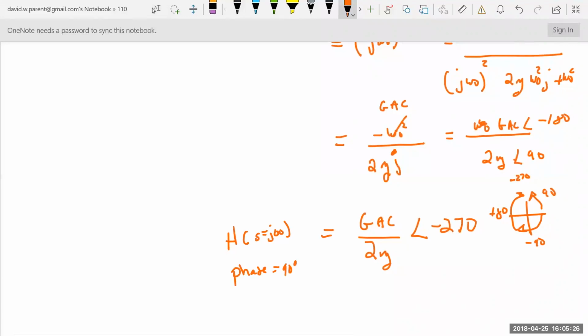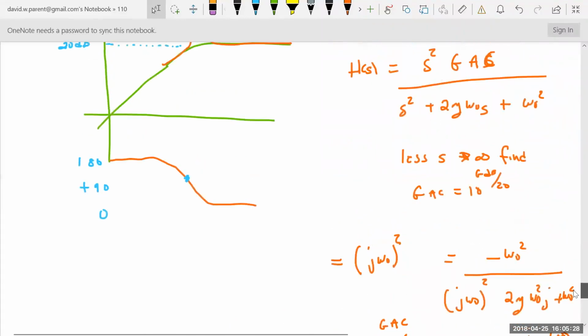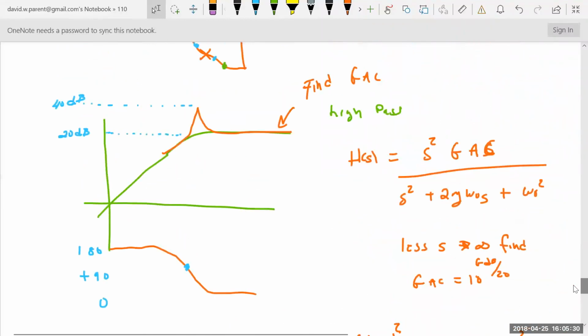And this is for a second order system. A first order system would be 45, and so on and so on.